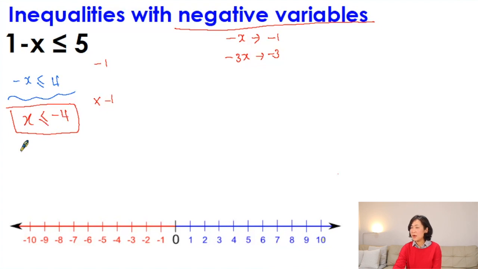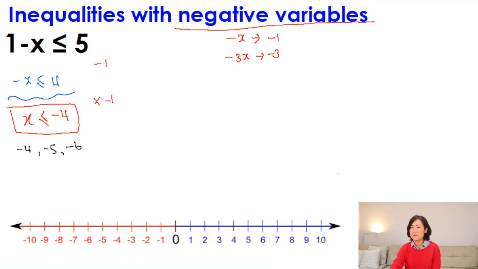Now let's find our x. Since x is smaller than or equal to minus 4, x can be minus 4, minus 5, minus 6. In order to test whether the inequality is true, you need to pick one value of x and put it back into the inequality. If it's true, then that's right. So let's test it.